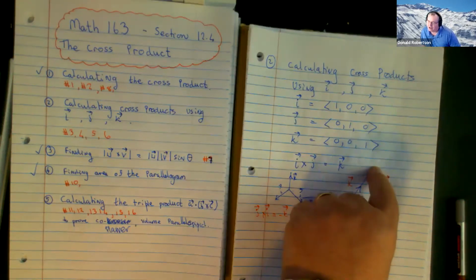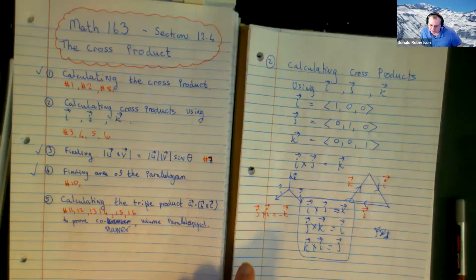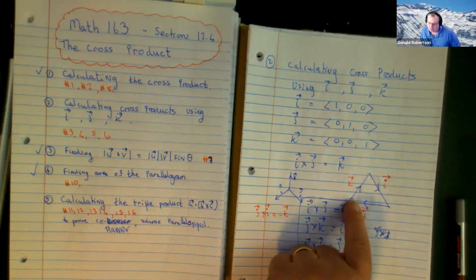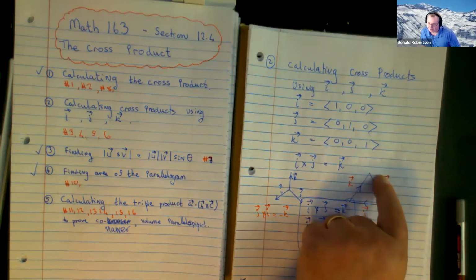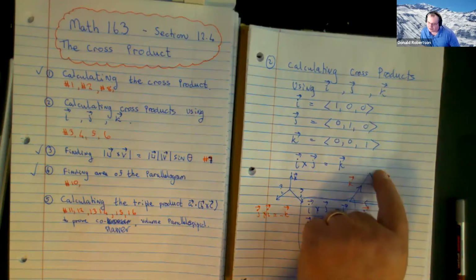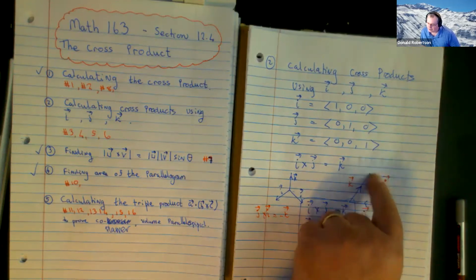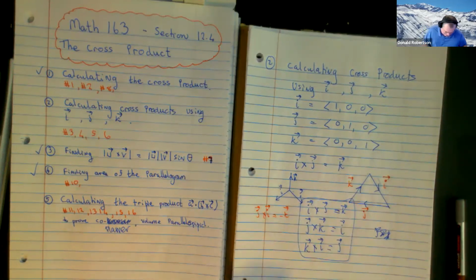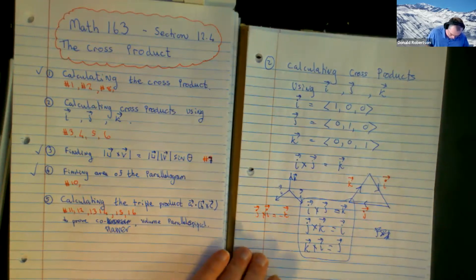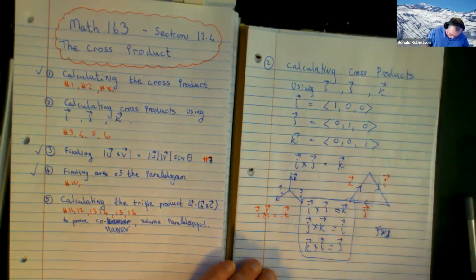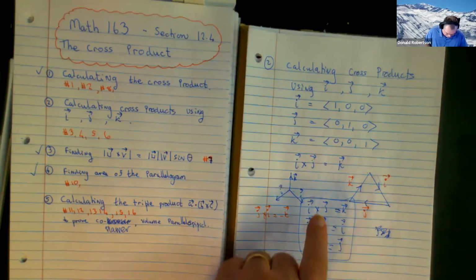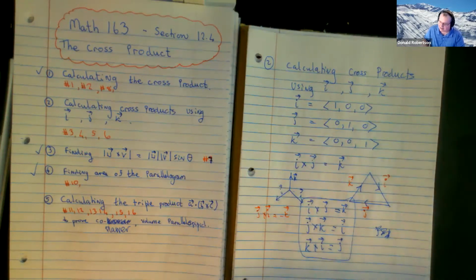If you go against the arrow, the answer is negative. So if somebody said do J cross I, you would say J cross I. To see you're following, you're going opposite, right? J cross I gets you negative K. So what that allows us to do is if we can memorize or use this little guy, we can actually do combinations of I, J, and K, any two that you like, cross product, right?